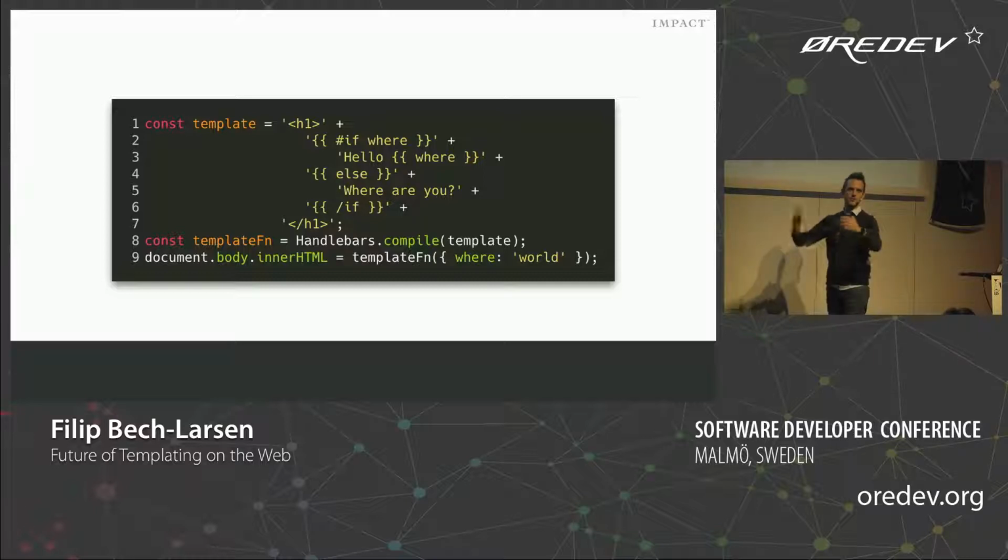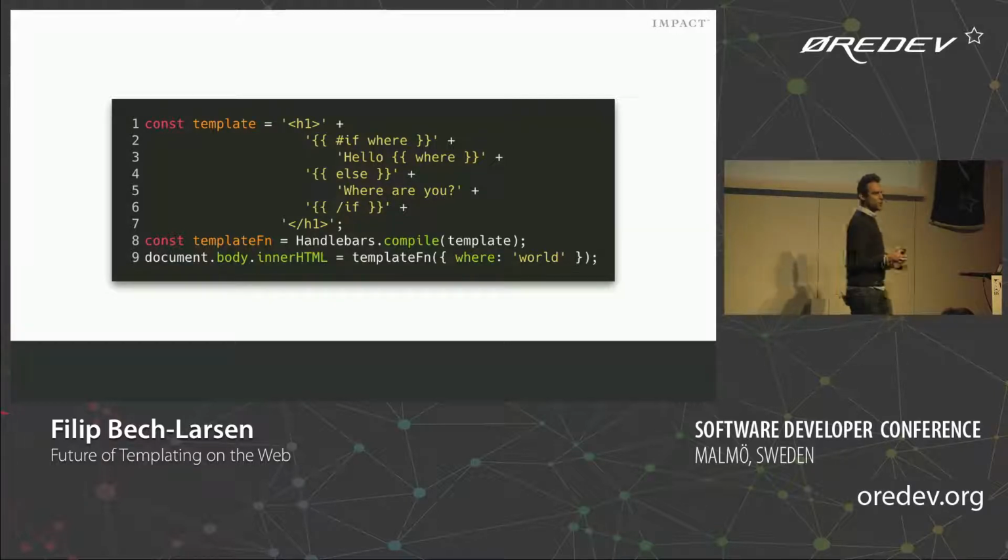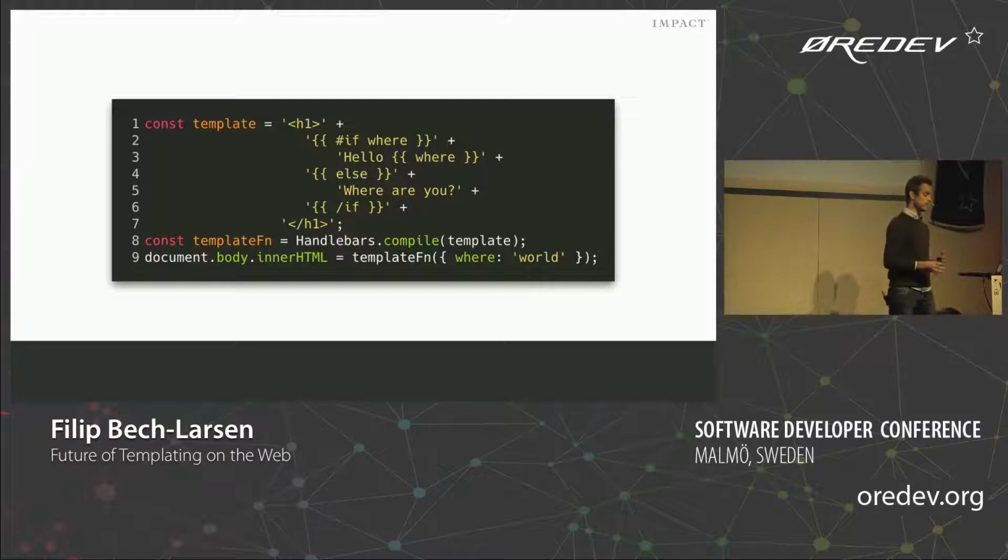So Handlebars gave us a lot more as developers, but they also took the stupid thing out of doing the regular expressions every time the data changed. What the compile function actually does here in line 8 is hand us back a templating function, and then we can call the templating function over and over again with the new state, and then we only update the DOM based on that.